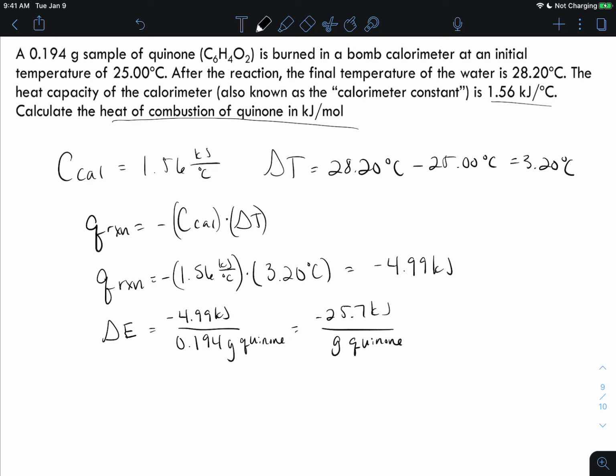And then we can convert this into kilojoules per mole by using our molar mass of quinone, where 1 mole of quinone has a mass of 108 grams. We could just solve for our molar mass using our chemical equation above. Okay, and then when we solve for that, we get negative 2,780 kilojoules per mole.